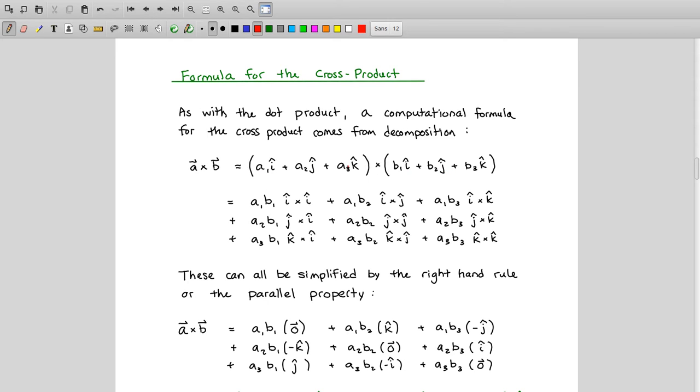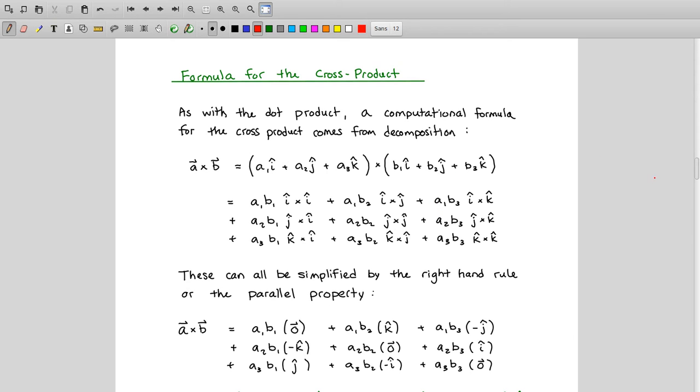We have 3 terms crossed with 3 terms, and the distributive property says we're going to get 9 terms in the result. Scalars can come out of a product, so a1 i cross b1 i is a1 b1 i cross i, and similarly a1 b2 i cross j, and so on, all 9 of these terms.